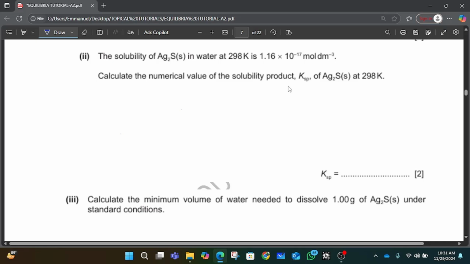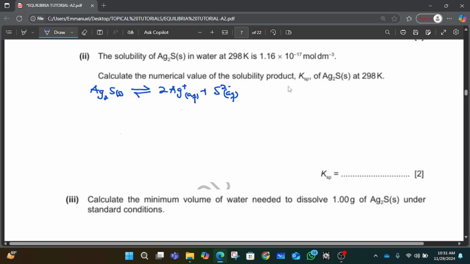When you have a question like this, the first thing to do is to write the equilibrium dissociation equation for the salt. And so we have Ag2S solid dissociates to give 2Ag plus aqueous plus S2 minus aqueous.